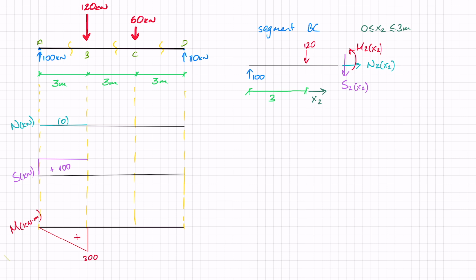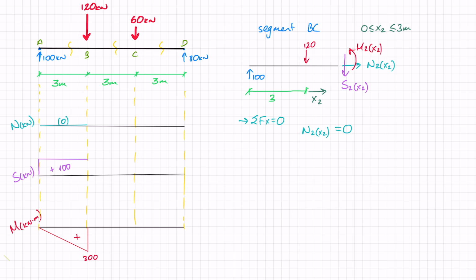And now what I need to do is go through the forces and write them out. So sum of forces in X equals 0. I've got N2 and nothing else, so N2 equals 0.